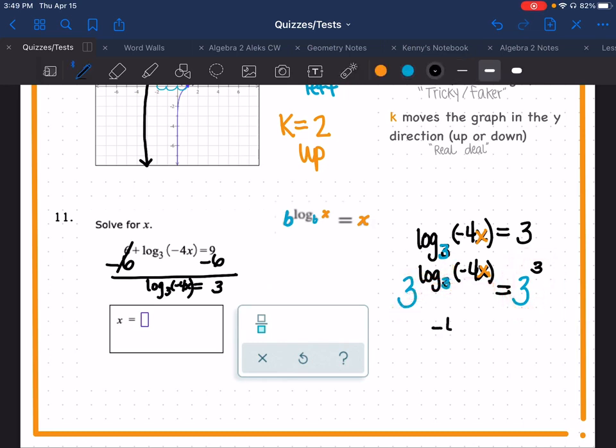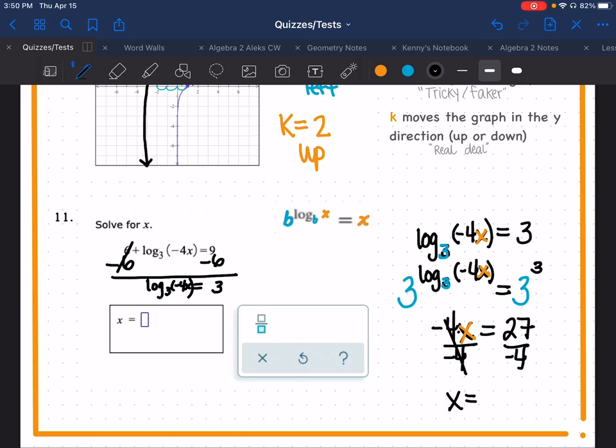So I get negative 4x is equal to 3 to the third power, which is 27. 3 times 3 times 3. All I have to do is get rid of that negative 4. Remember, it is a negative 4. It is not a subtraction of 4, so I can't just add 4 to the other side. There's nothing hanging out in front of that 4, so I have to get rid of the multiplication, and I'm going to do that by dividing by negative 4.